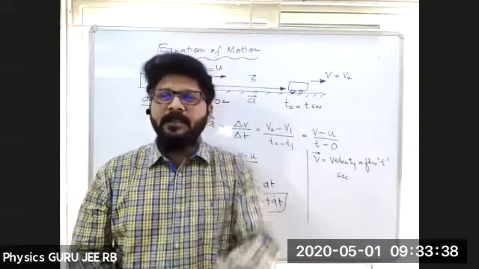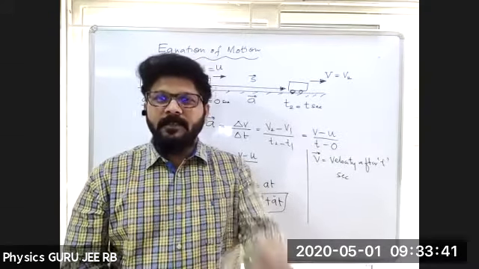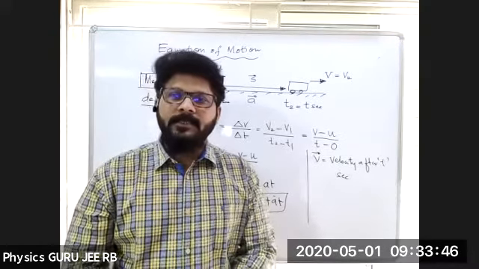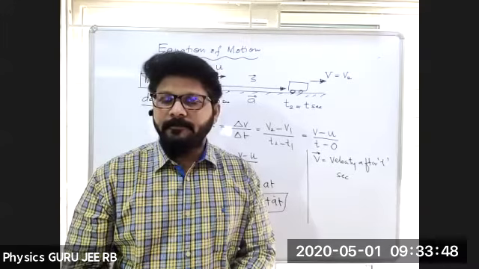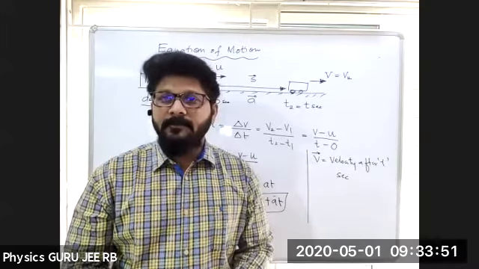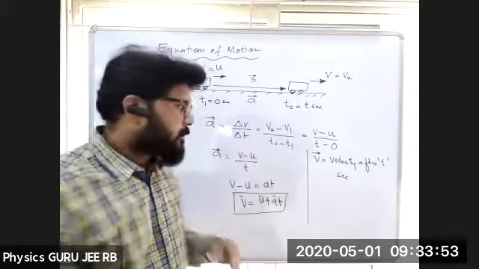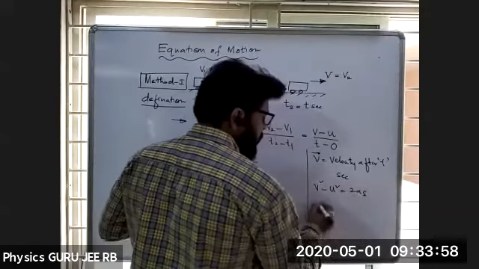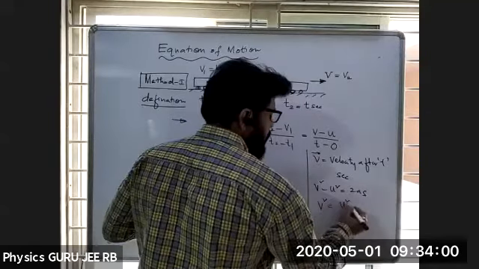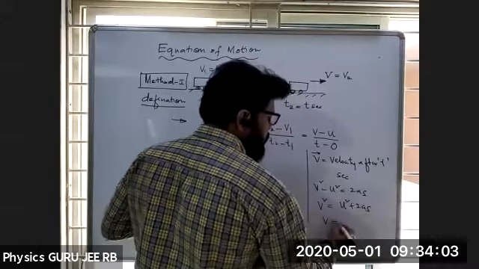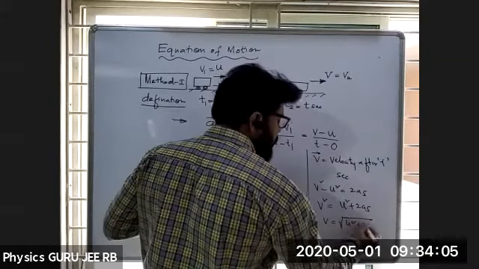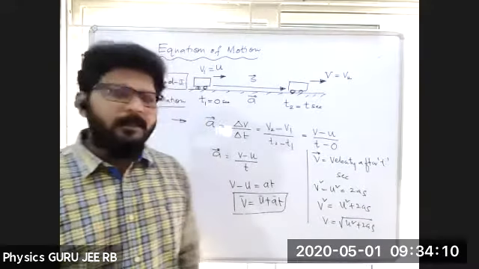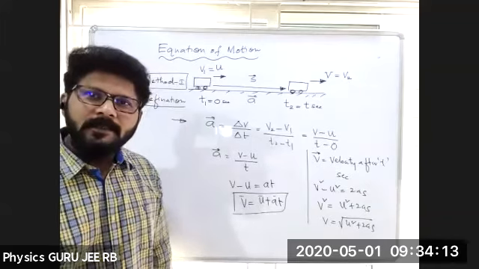Even we have v square minus u square is equal to 2as. v is nothing but under root of u square plus 2as. That is also velocity. So if I ask to derive final velocity, what is that velocity?